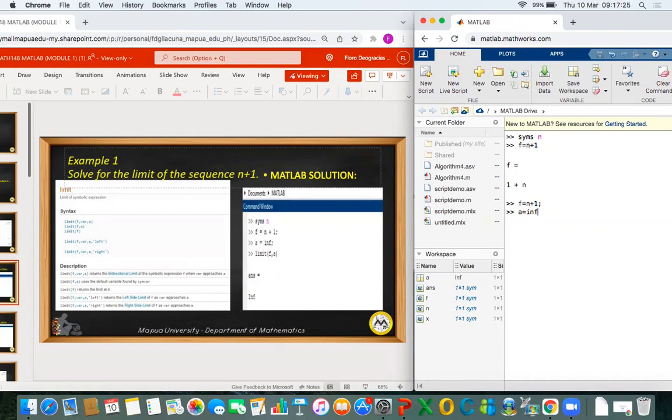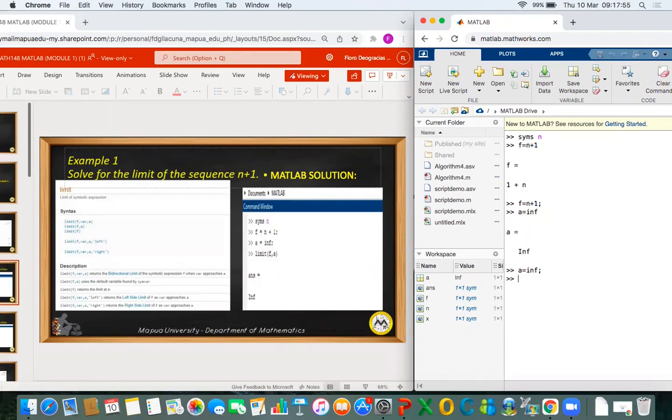You can also use a capital I if you want. If you don't want to declare it, it's okay, class. If you want MATLAB to display the output, do not use a semicolon. If you don't want to display, class, use a semicolon.